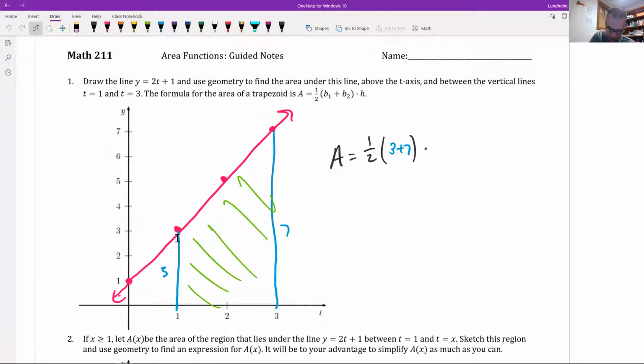Then we multiply times the height, which I know doesn't look like the height here, but the height is 2 units long. We have to orient ourselves to the trapezoid rather than the axes in this formula. Anyway, that's half of 10, which is 5, times 2, which is 10. So the area of this trapezoid is 10 square units.